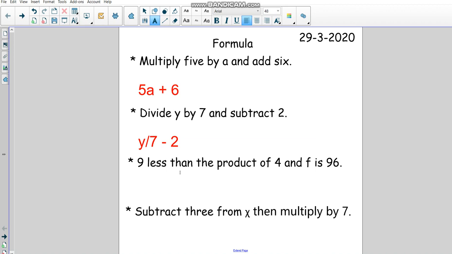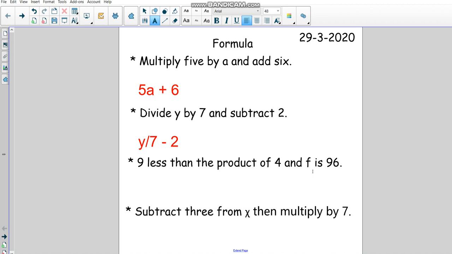Third example: 9 less than the product of 4 and f is 96. And this is the first time to know the word is. Is means equals.